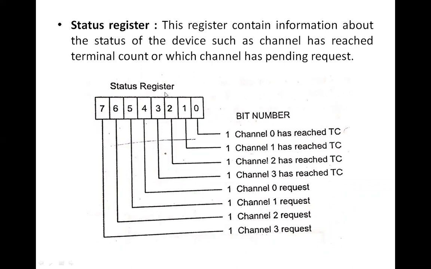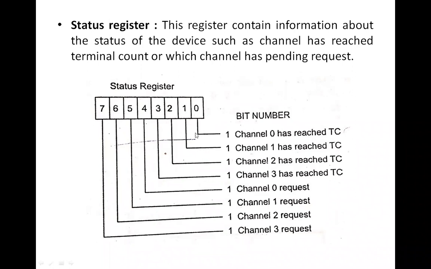Now the status register is again an 8-bit register, and the different bits of the status register are going to give the information whether the individual channel has reached the terminal count, because whenever a service has been provided by DMA, we know that there is a word count register which is decremented or incremented after each transfer. So it may be possible that at a certain stage, the terminal count will go to 0.